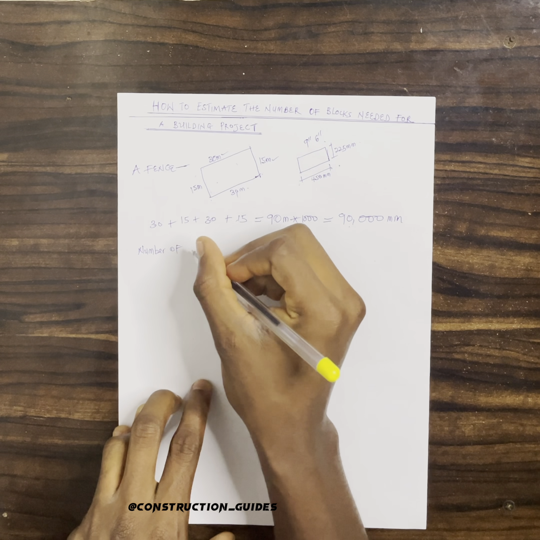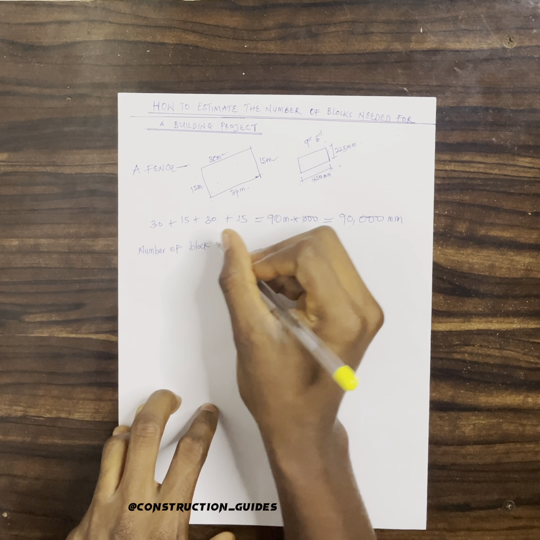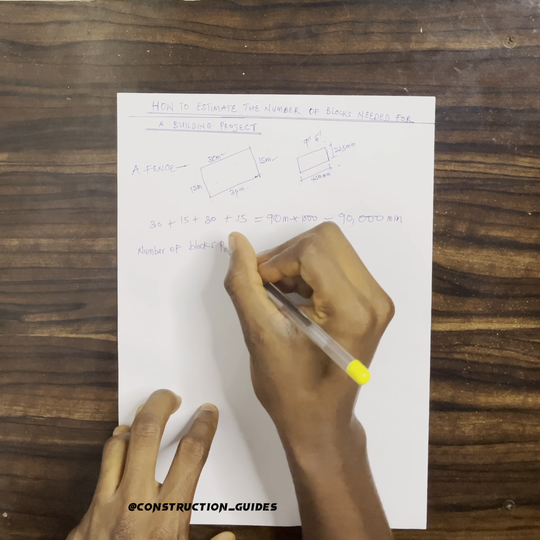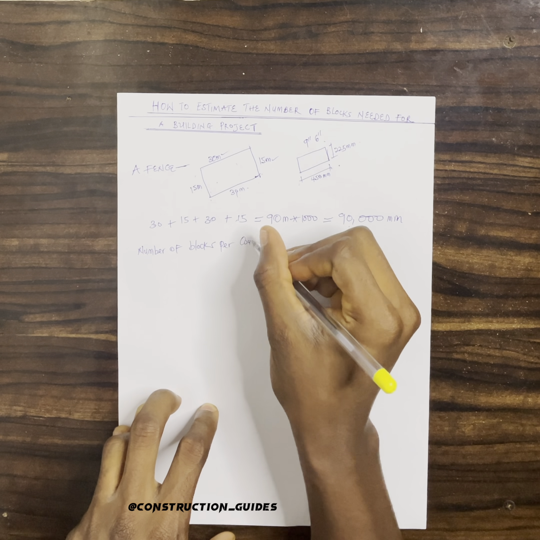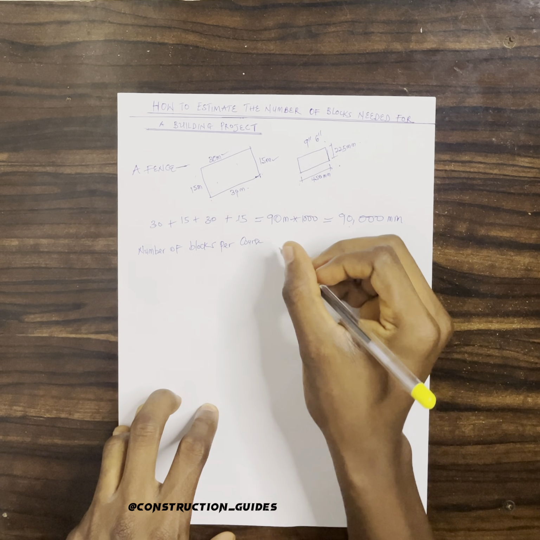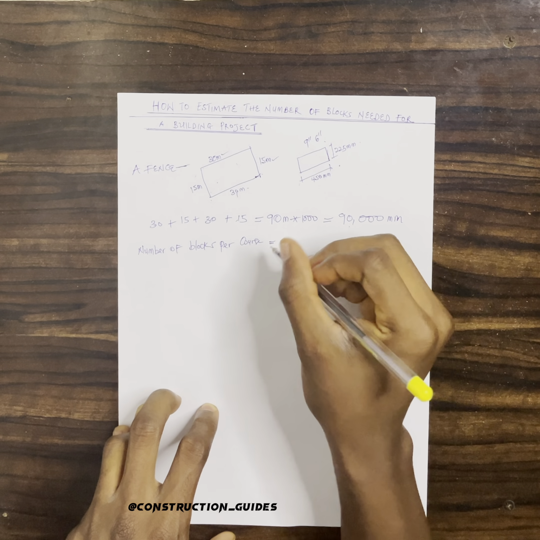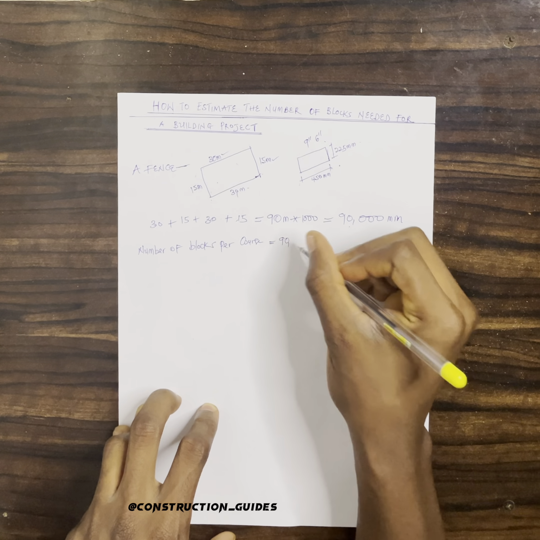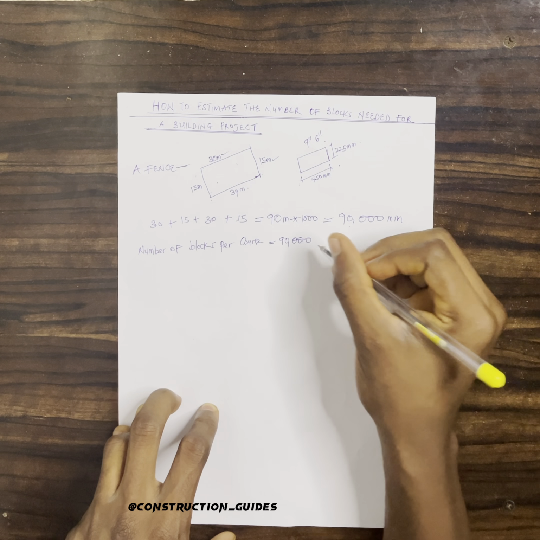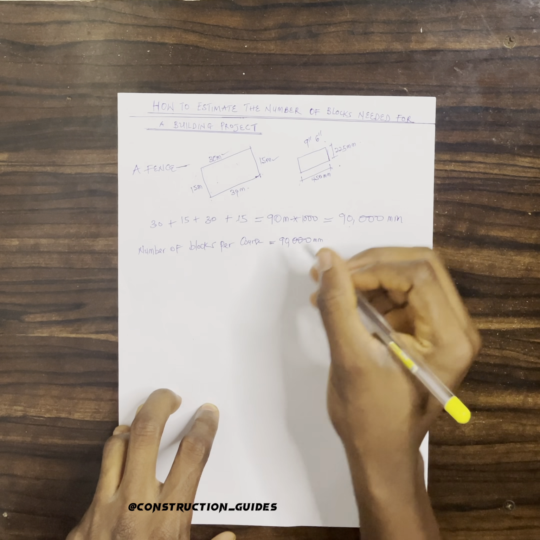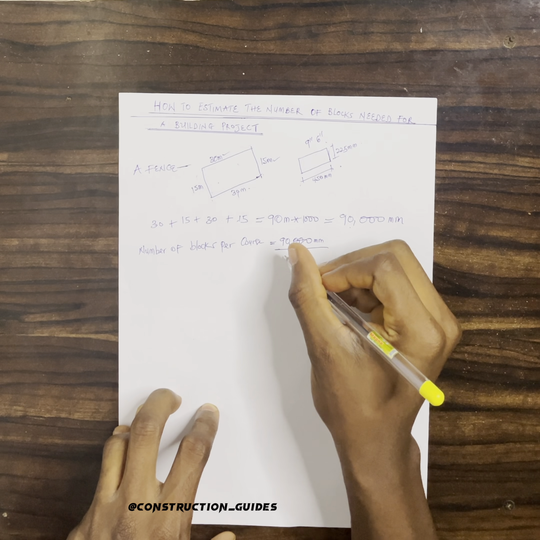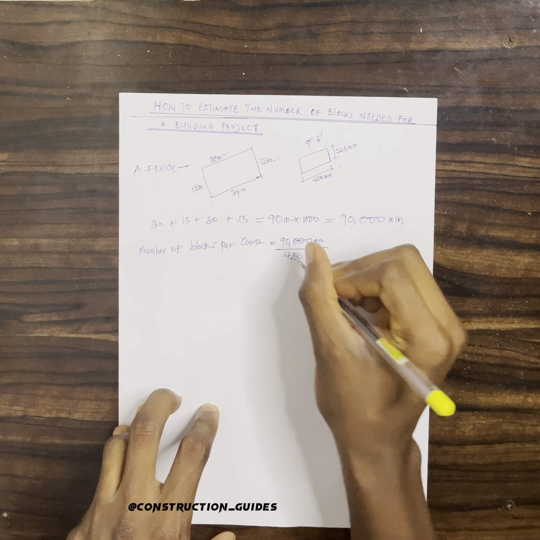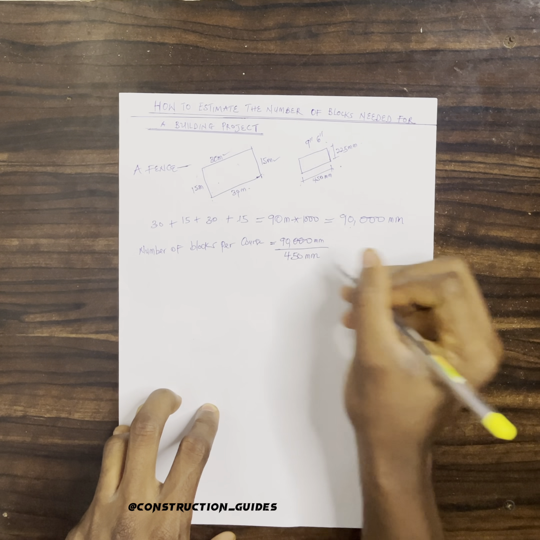So we'll calculate the number of blocks per course. That will give us 90,000 millimeter divided by 450 millimeter.